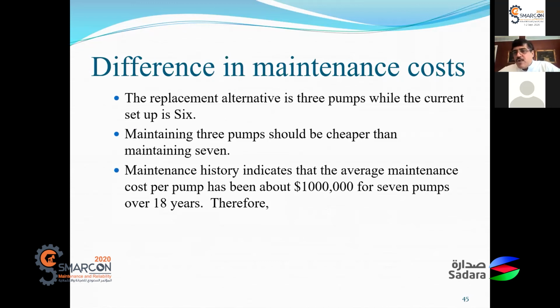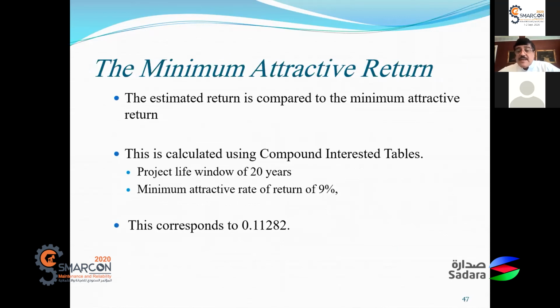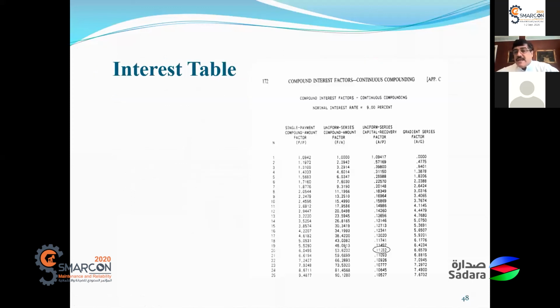So is this an attractive rate of return? Basically, it's not, because if you go to the company system, you will see that for a project to be attractive, you need to get at least around 11%, based on a 9% minimum attractive rate of return and a 20 year project life window, and that's basically the interest table equation for it.